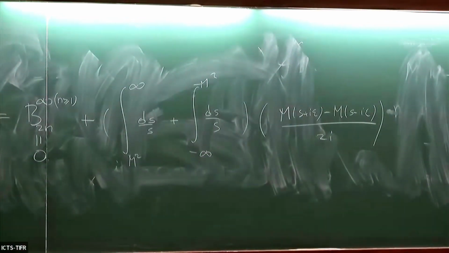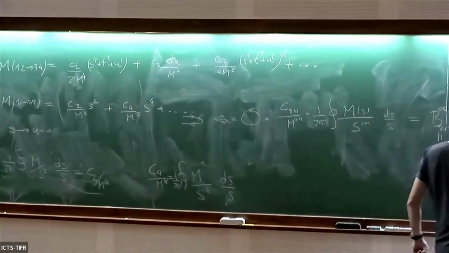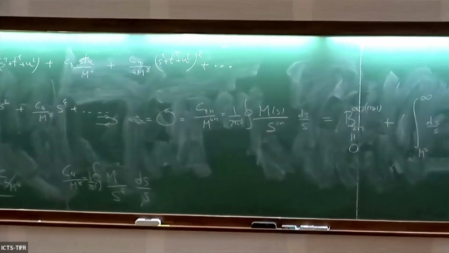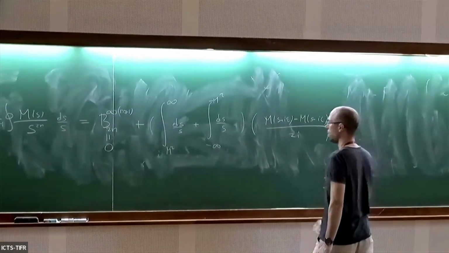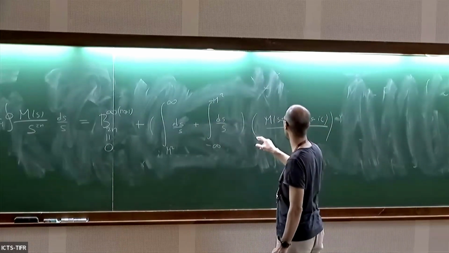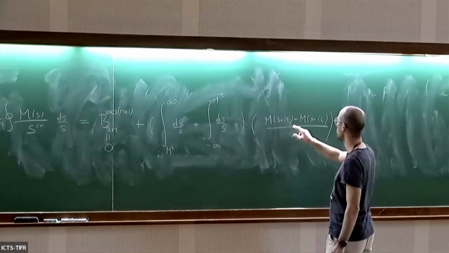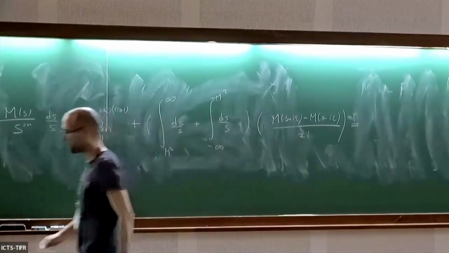That's what the first integral is, and this one is the second. Now you change variable here to put it in the same form as this one. So you send s to minus s. This one doesn't change. You have to change the orientation, pick up a minus sign. Here you get a minus s. So I use the further condition, which is this one.